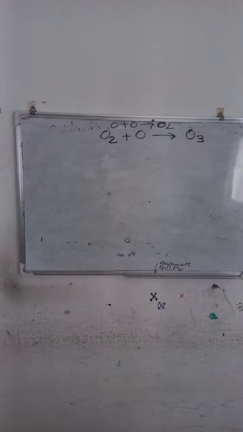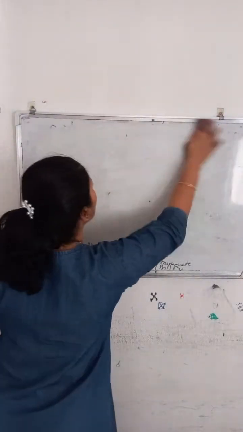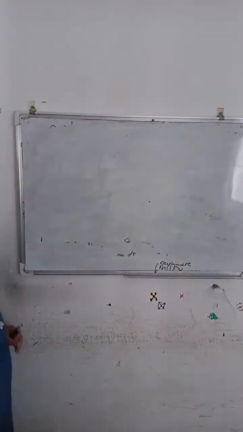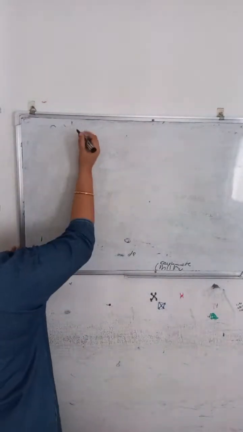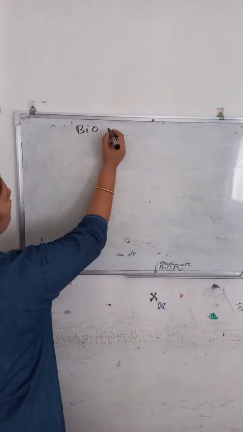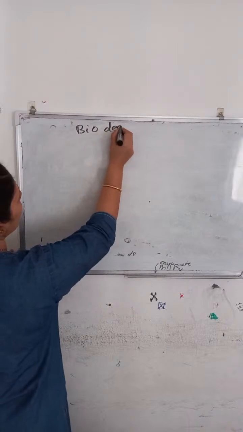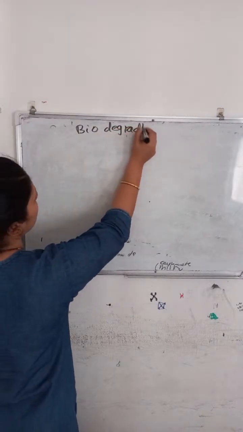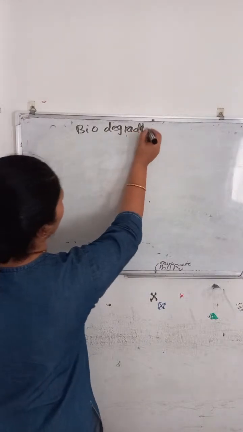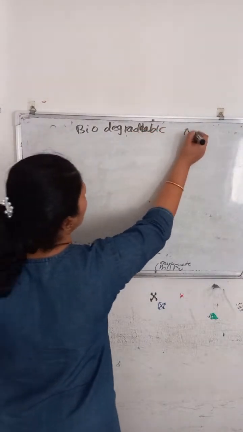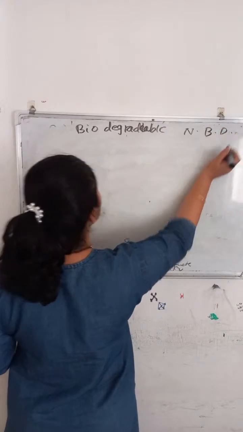Biodegradable substances are substances that microbes can break down. I will make two columns: biodegradable and non-biodegradable substances.